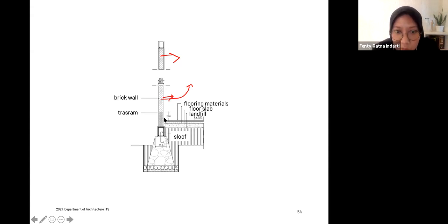So it is possible to add finishing here, and then it's the floor slab.